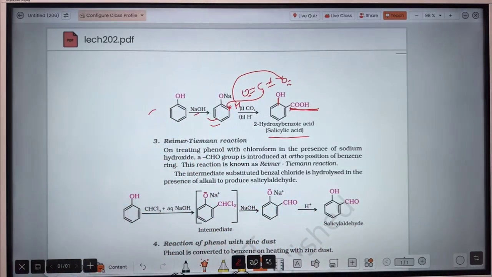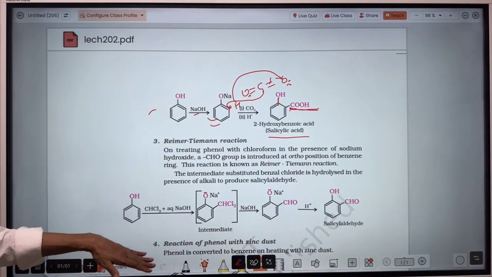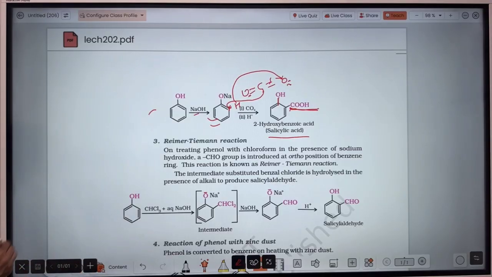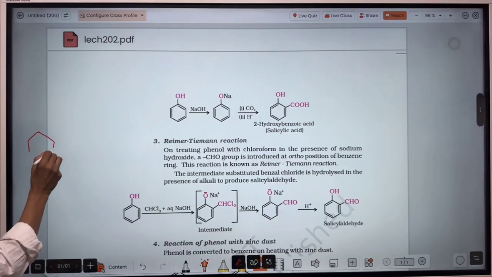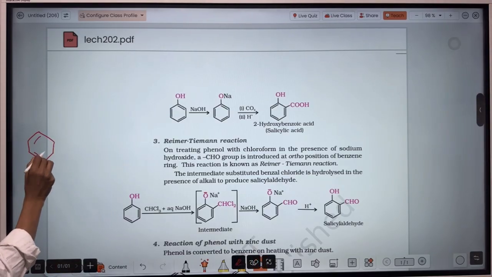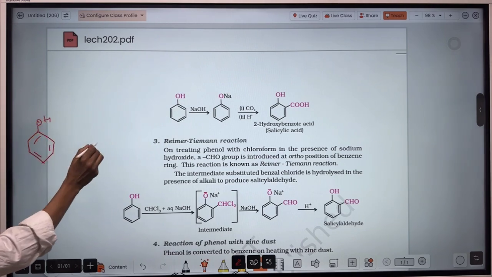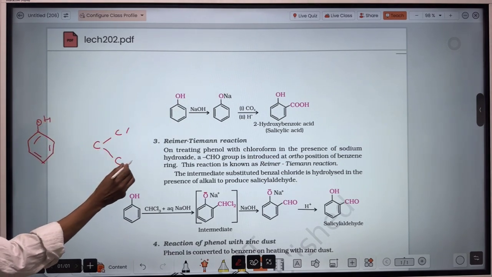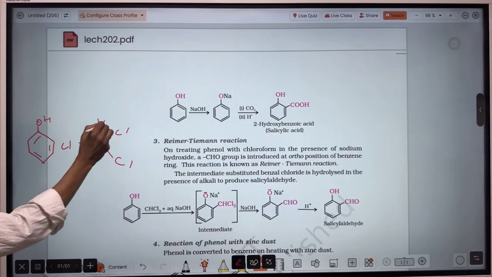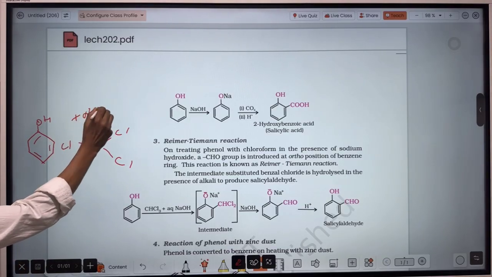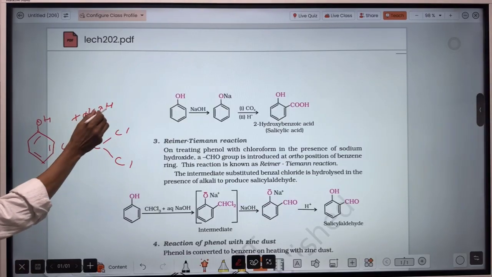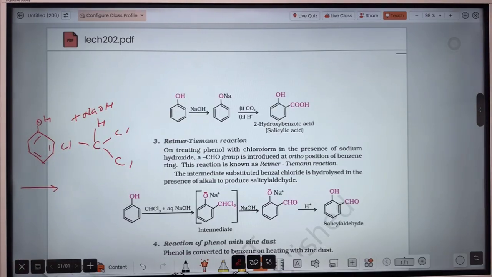Now in case of the Reimer-Tiemann reaction, what happens here? I am telling you this by writing the reaction. During the Reimer-Tiemann reaction, phenol is reacted with NaOH and chloroform, CHCl3.